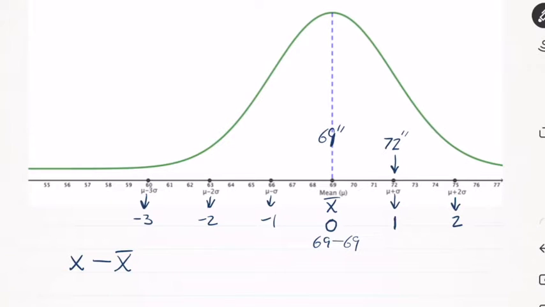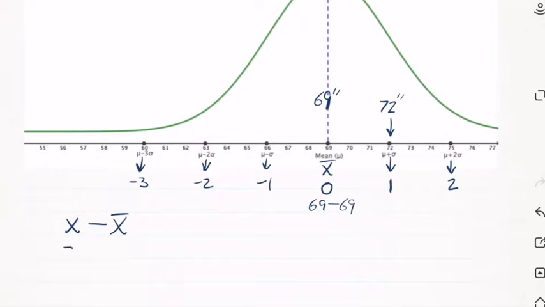Now, how would I get 72 to be replaced with 1? Well, if I take 72 and I subtract 69, the answer is 3. And the standard deviation of this data is 3. So if I want it to be equal to 1, I would take this and divide by 3, the easiest way to do it.